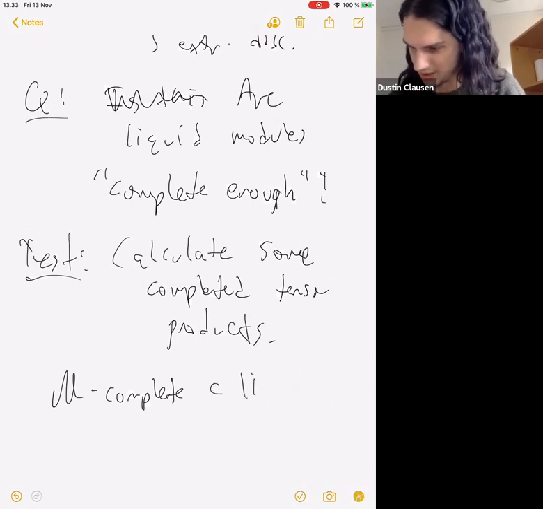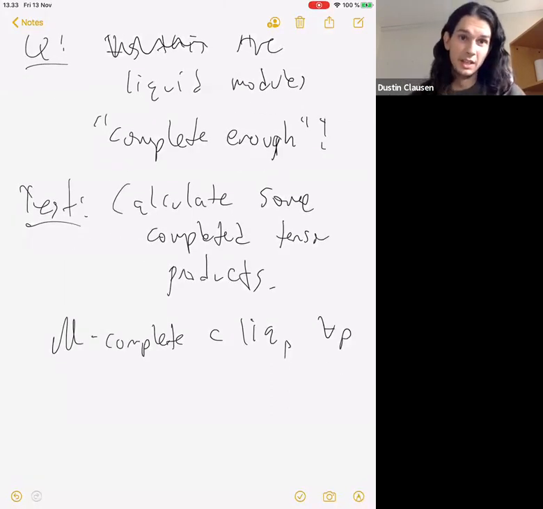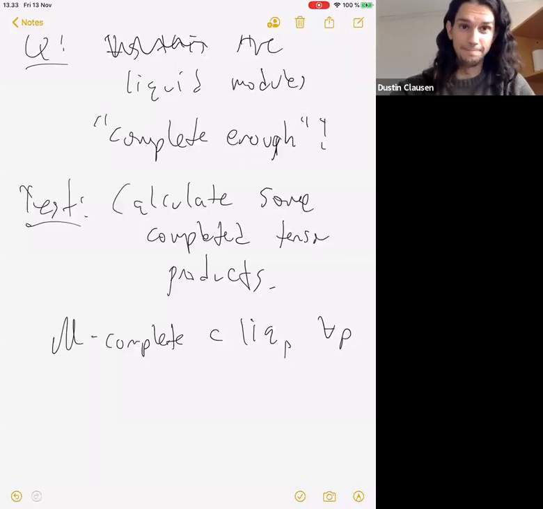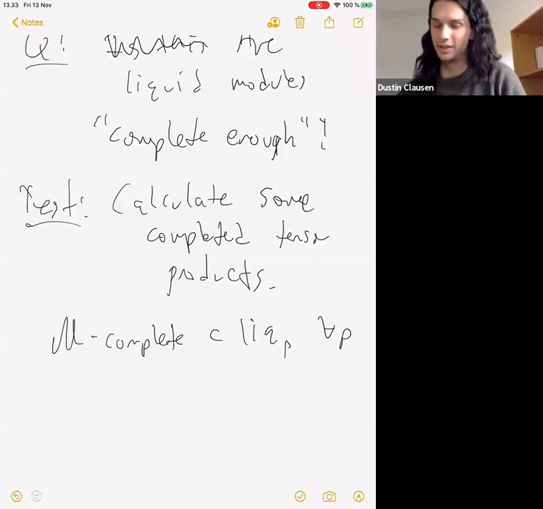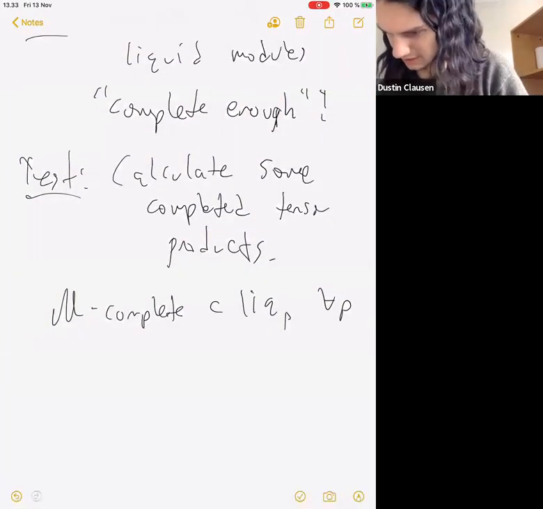Well, this is contained in p-liquid for all p. So you can always take any M-complete thing, in particular any complete locally convex topological vector space, and view it in there. And the question we'd like to address in the beginning here is, how is the new liquid tensor product related to some more classical tensor products that you might consider on locally convex vector spaces?